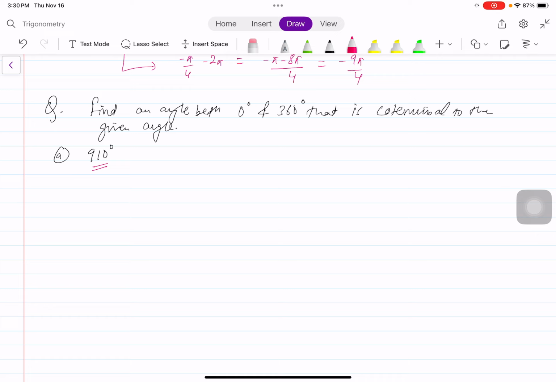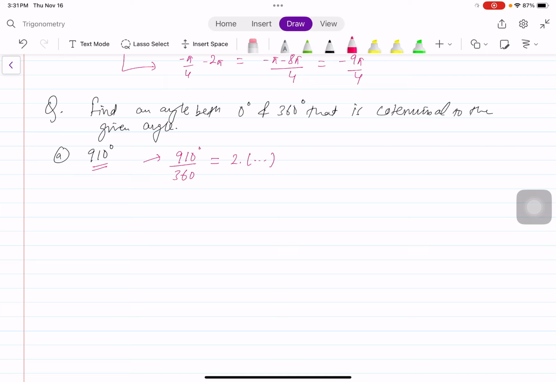First of all, I will have to figure out how many 360s are inside 910. So I will just divide it by 360. I will get 2 point something, so at least two complete rotations, two complete revolutions, are there.